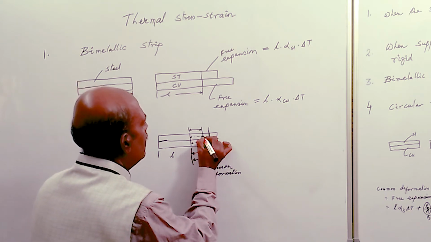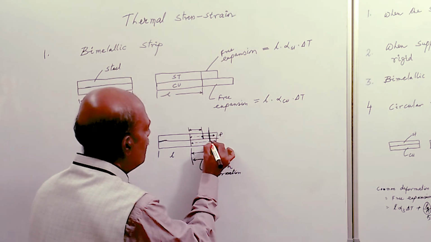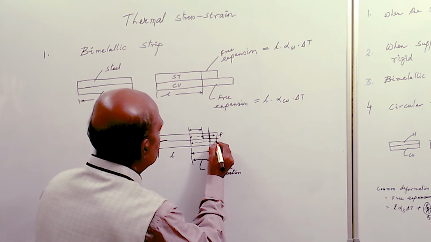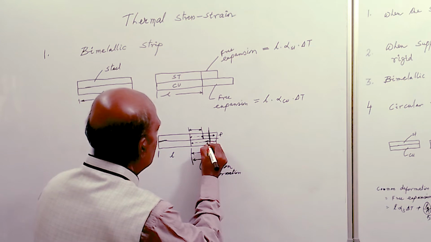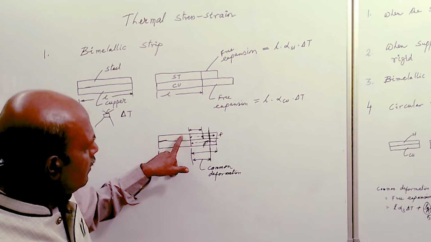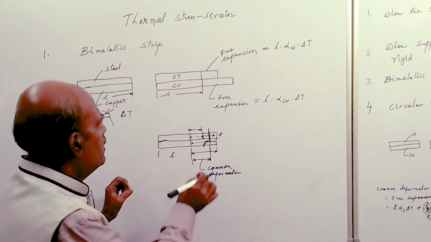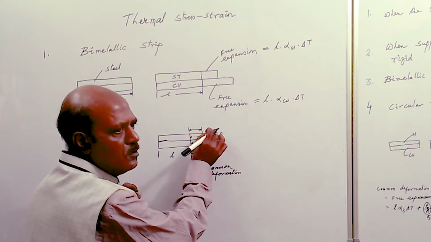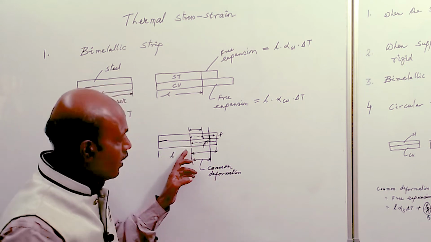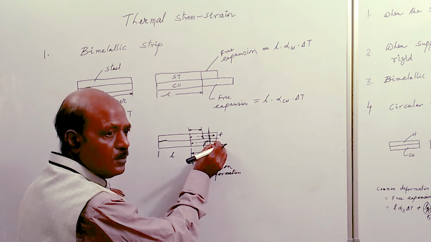Say P is the force developed in the steel bar, and the same amount of force is developed in the copper bar. P is tensile for the steel bar, so the steel bar is extended extra by this amount, and P applied on the copper bar is compressive in nature, so it will compress by this much amount.